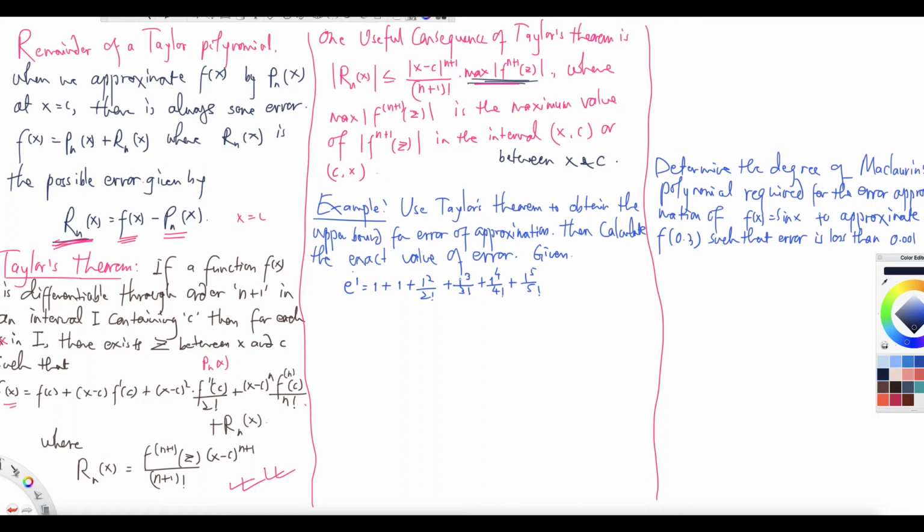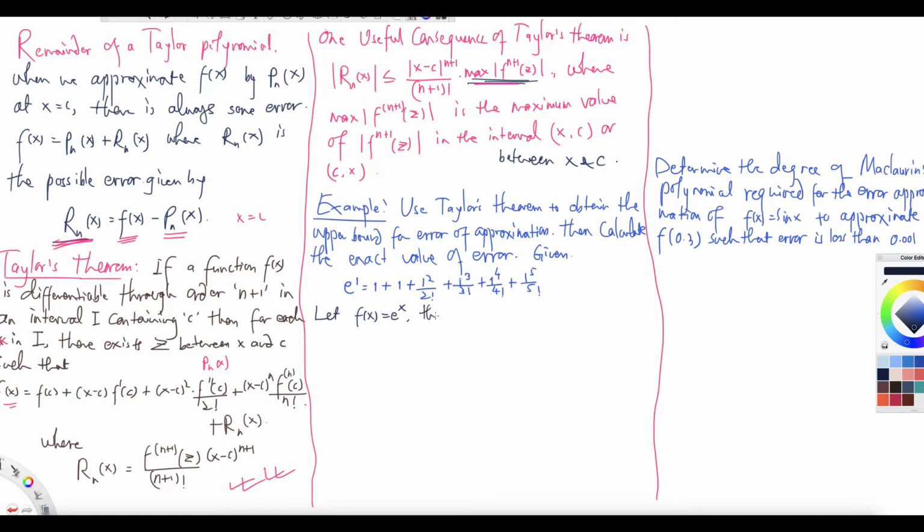Here we assume that we will use the Maclaurin series. Let f of x equal e to the x. If you use the Maclaurin series, meaning the Taylor series of e to the x around x equals 0, then what do you get?